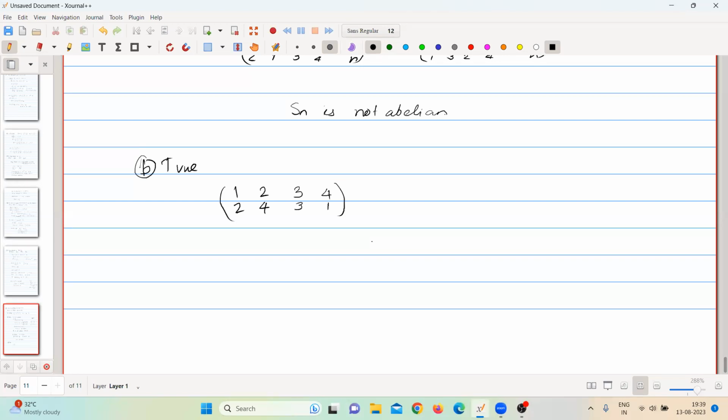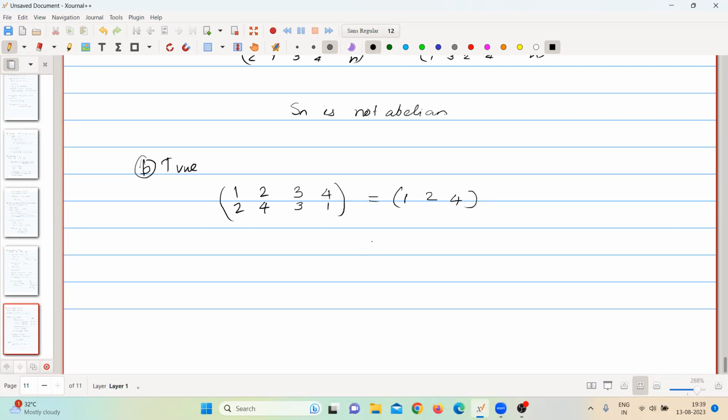So this permutation contains actually only one cycle. What it means is 1 is going to 2, 2 is going to 4, and 4 is going to 1. So this cycle is completed and 3 is fixed, so we need not write the 3. So 1, 2, 4.